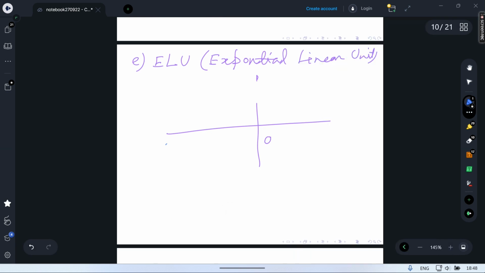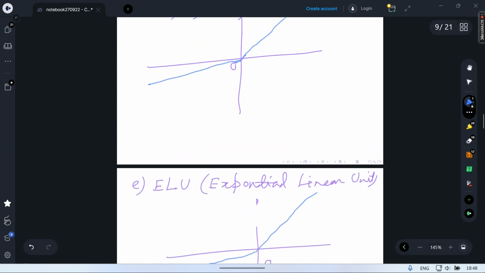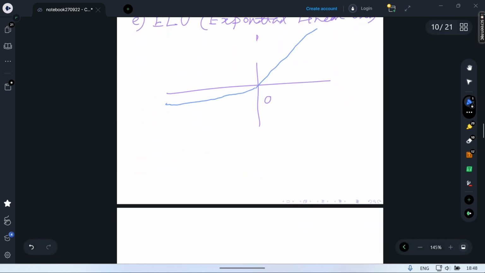It is something like this. It's a smooth curve and differentiable everywhere. And it also has the advantage of having a much more balanced output compared to ReLU. And there are lots of other variants.